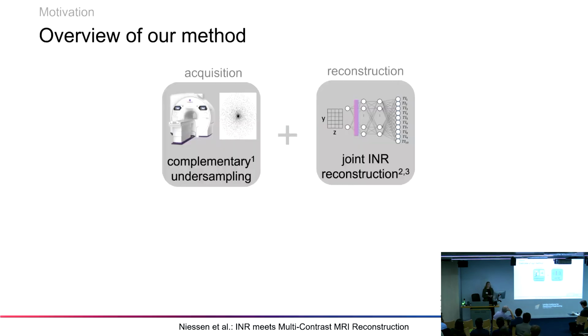Now, before going into detail, I want to give a brief overview of our method. Our method combines an advanced acquisition strategy and a deep learning-based reconstruction. For the acquisition part, we propose to use complementary undersampling across contrasts. For the reconstruction, we propose a joint INR reconstruction framework that uses this complementary information that was acquired for the different contrasts.